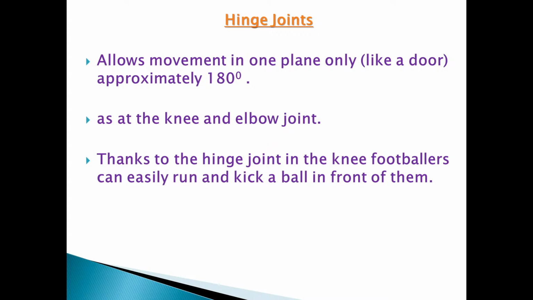So the perfect example that they give you is actually the knee joint. Definitely another part on the human body where you can find a hinge joint is your finger, the middle joint in your finger, and you can also find it in your elbow, right? So those are examples of the places where you find a hinge joint.